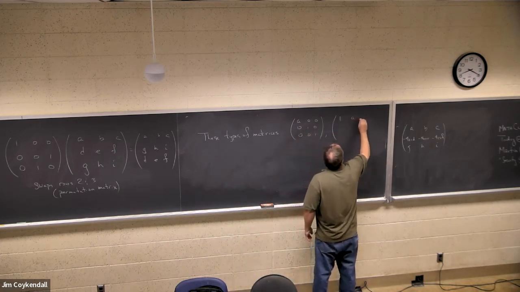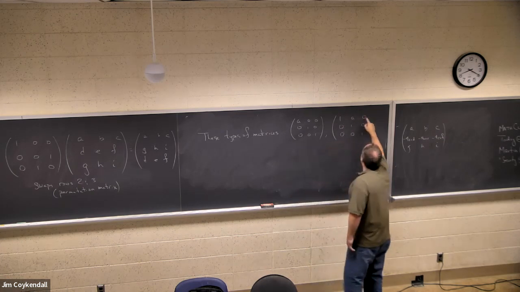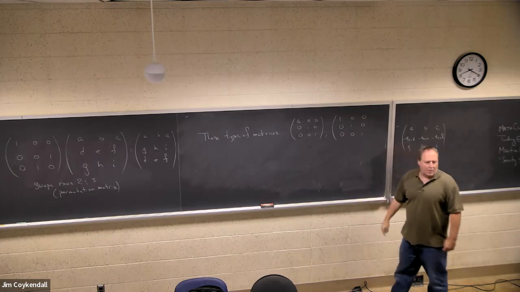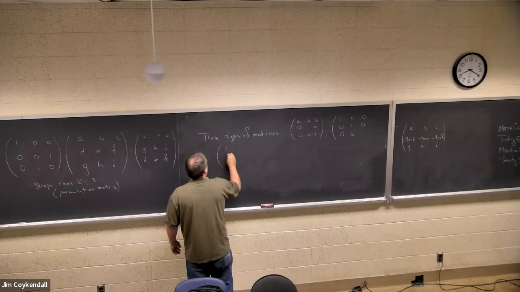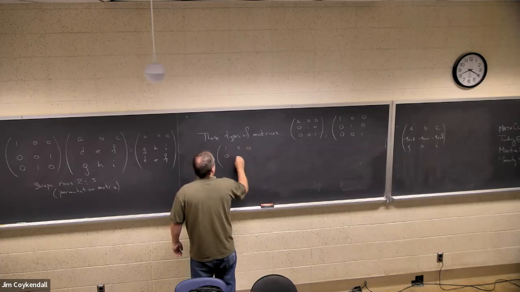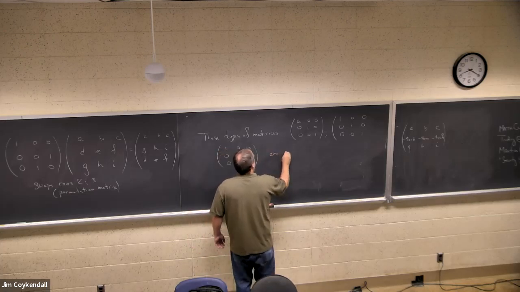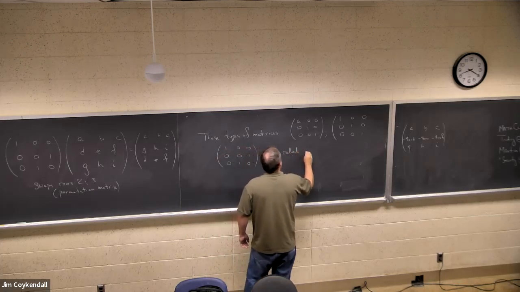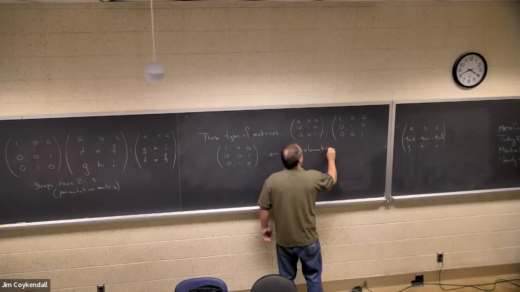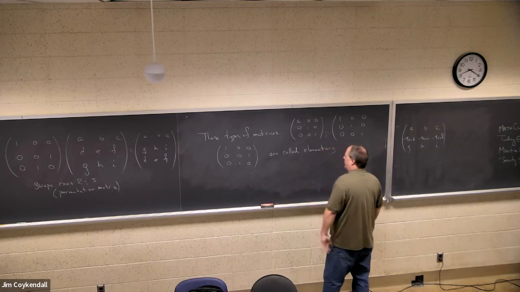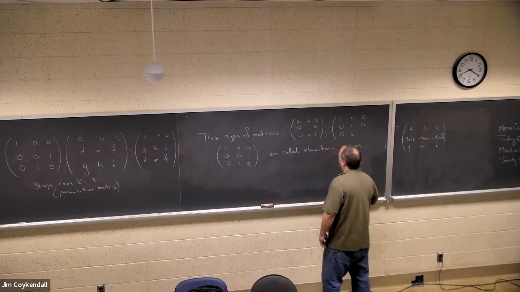Or, and here the A can occupy any of these empty 0 spots. Or a permutation matrix like this, are called elementary matrices. And again, you can do this for n by n matrices. It doesn't have to be 3 by 3. And they are invertible.